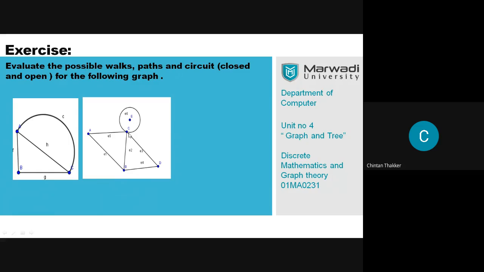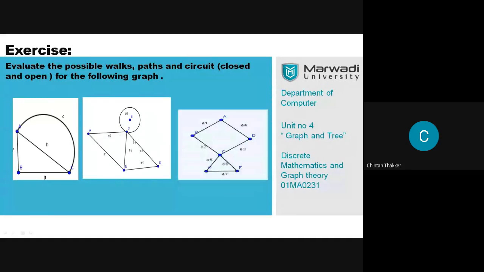Now see this second graph, it is a disconnected graph. The first graph is a connected graph. Here in the second graph, the 4 vertices A, B, C, and D are connected. But one vertex E is not connected to any other vertex. So this graph is a disconnected graph. Okay.